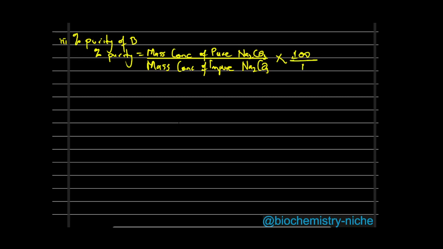So that gives us 3.60, the mass concentration of the pure substance, divided by the 5.2 given in the question as the mass of the impure substance, multiplied by 100/1.